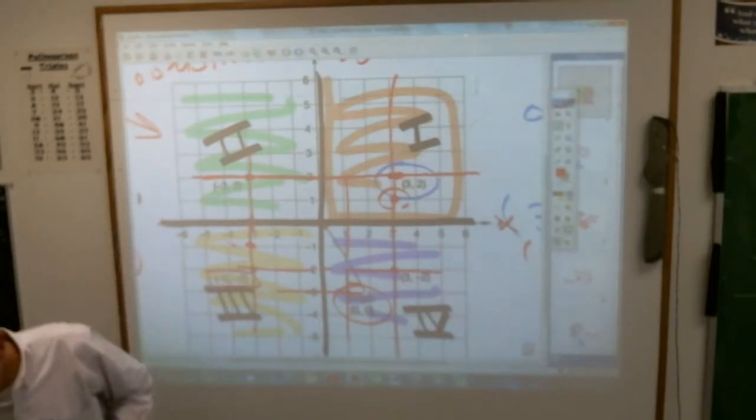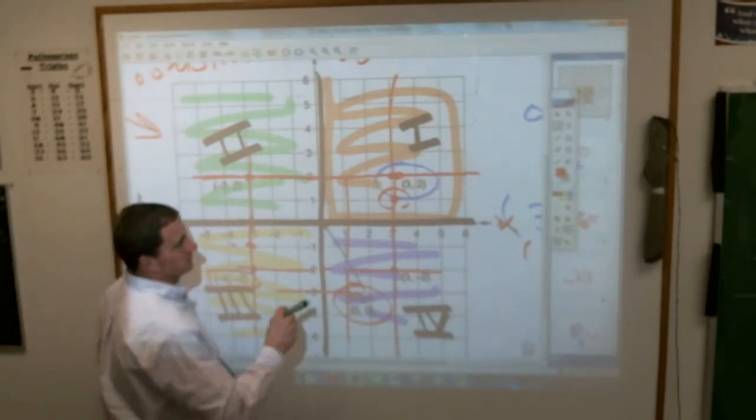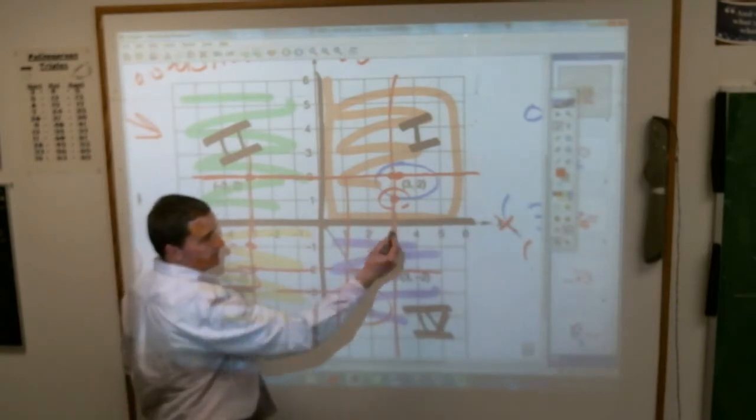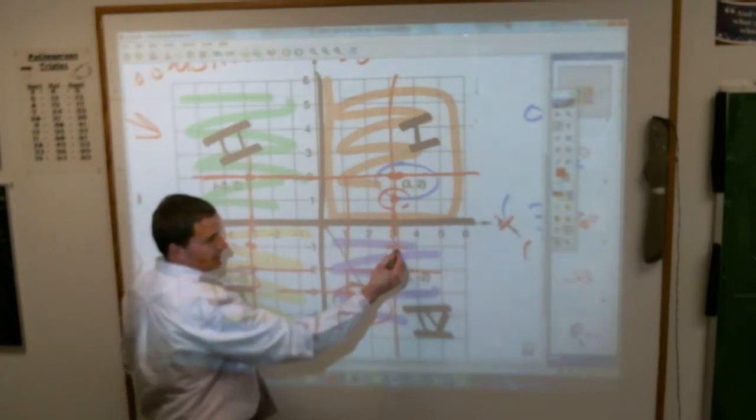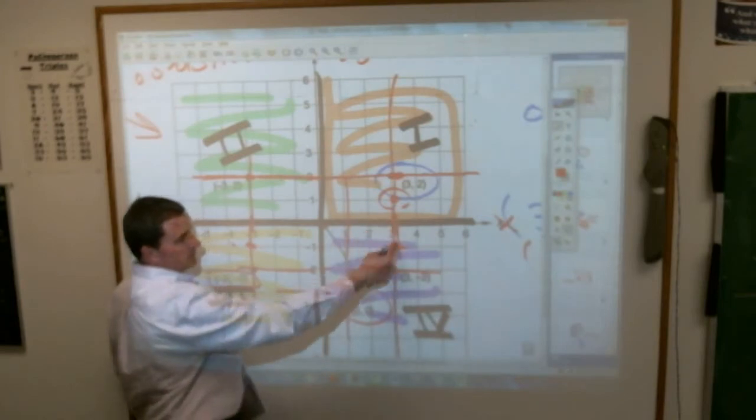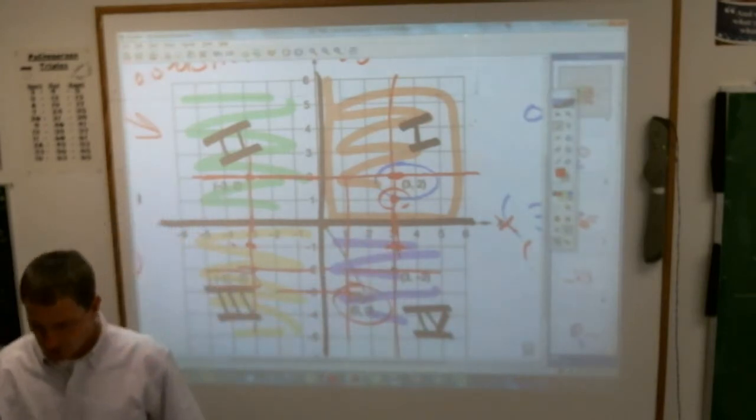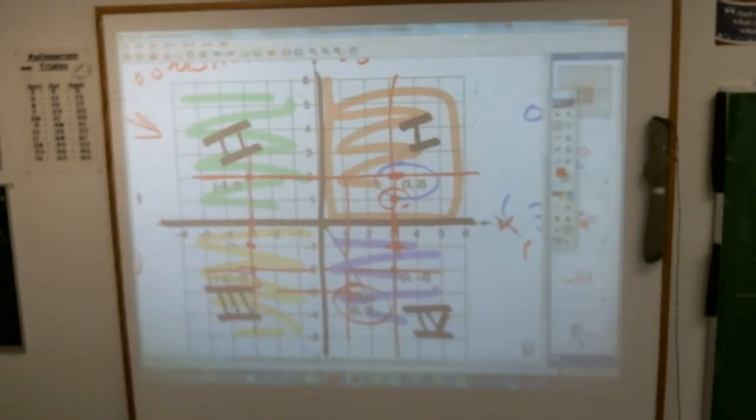The answer is, look up here, +3, -1 on that graph there. What point is that? H. H is correct.